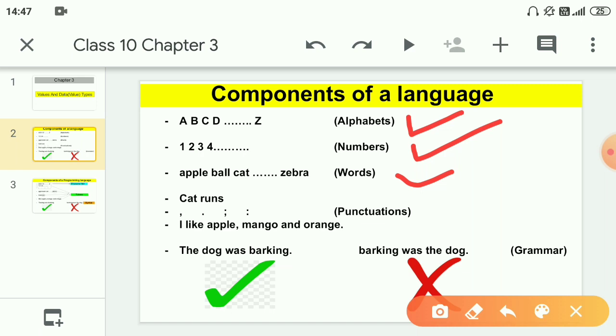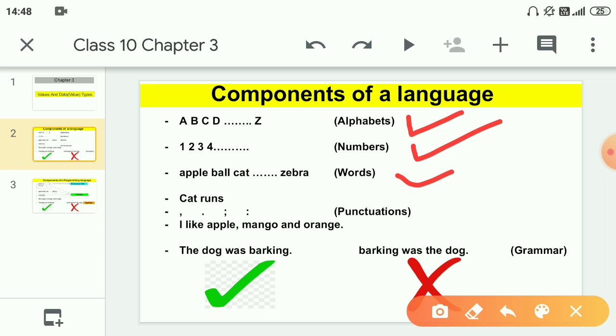Or in some cases it might be a combination of alphabets and numbers as well. Suppose, for example, COVID-19. COVID-19 is a word. You can see in this word that alphabets as well as numbers are being used to create a single word.